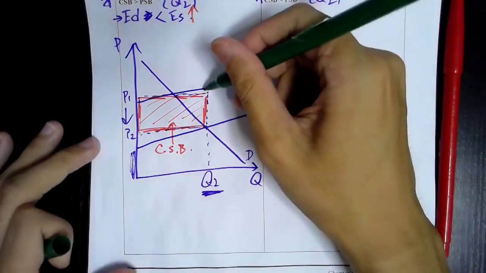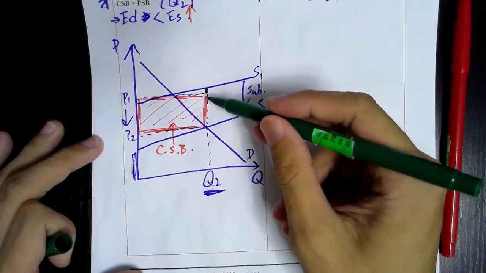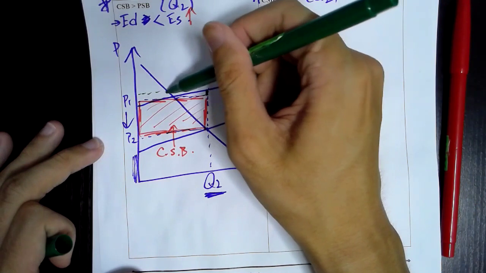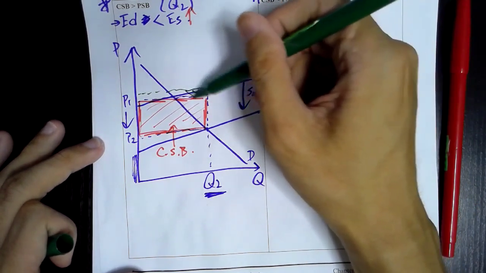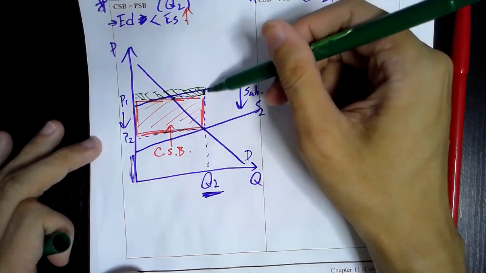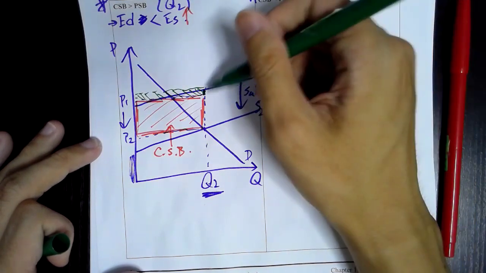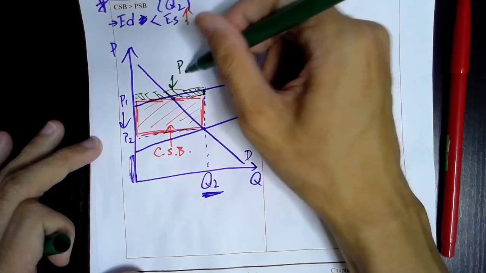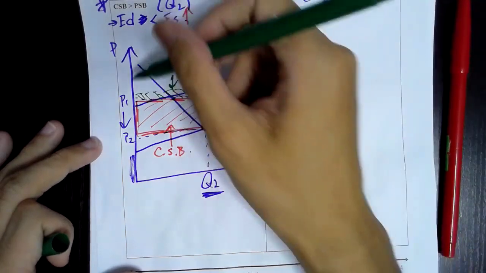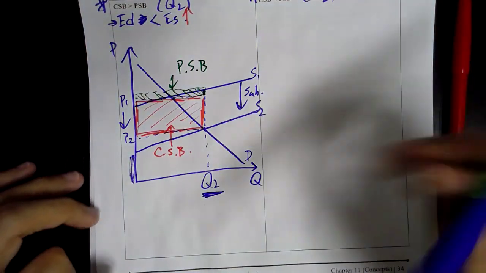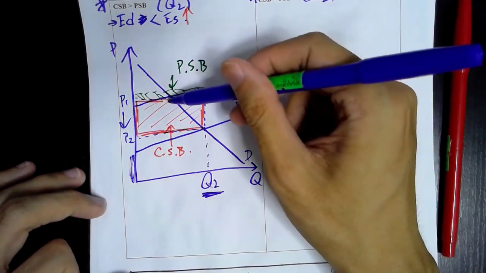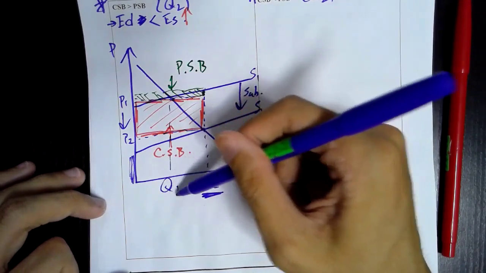Then the rest, you see there is very little left here. The rest of this box, the green box, the rest of the subsidy, will be what we call the producer subsidy benefit. Then we finish the graph by completing this one. Remember, this is the original Q1.